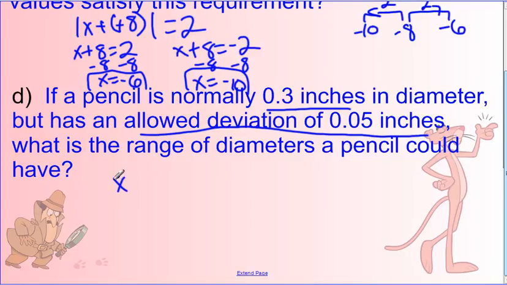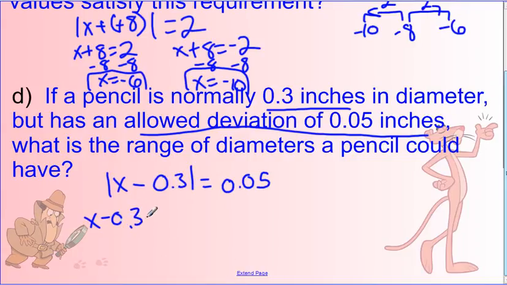So x minus the given value is the absolute deviation, and x minus 0.3 equals 0.05, and x minus 0.3 equals a negative 0.05.